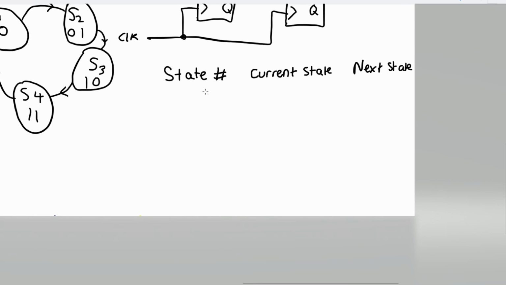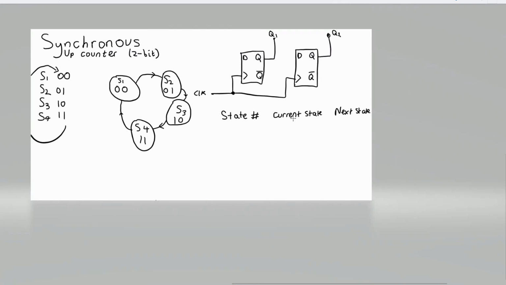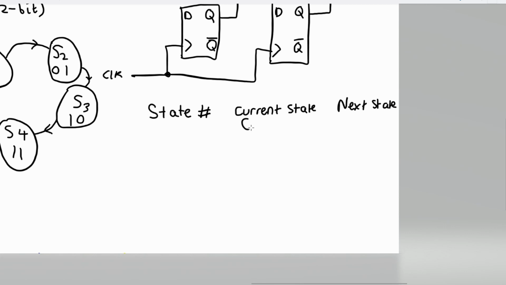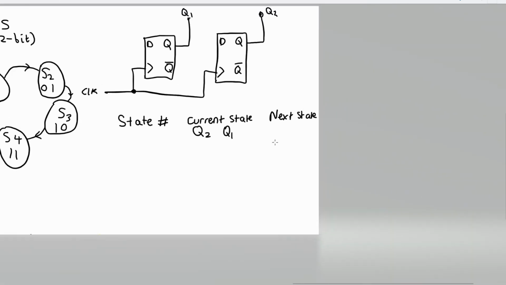Current state is going to be Q2 and Q1, and next state is going to be D2 and D1.